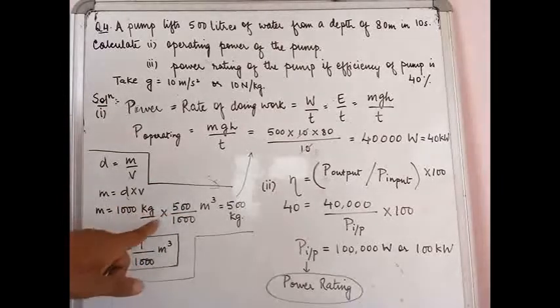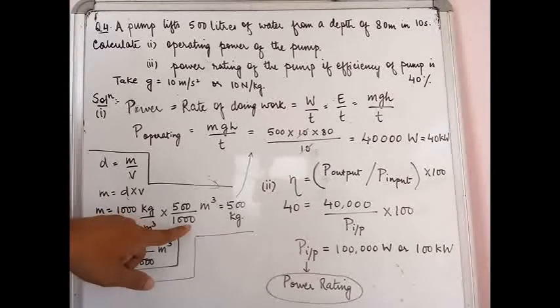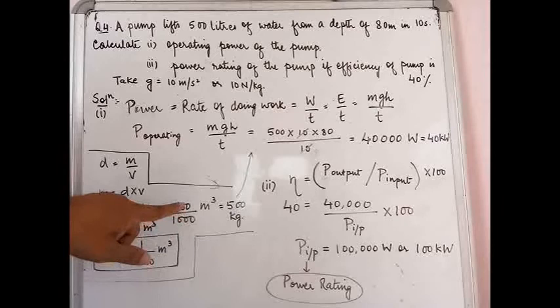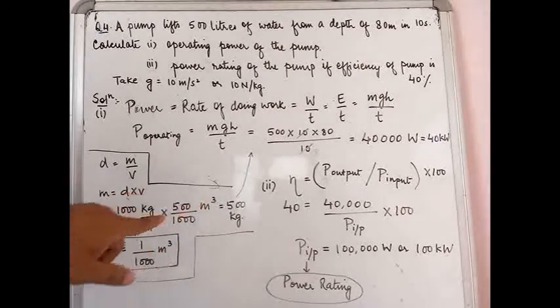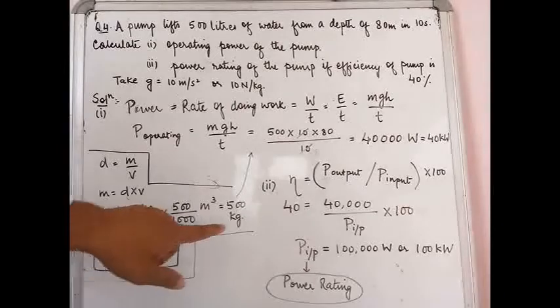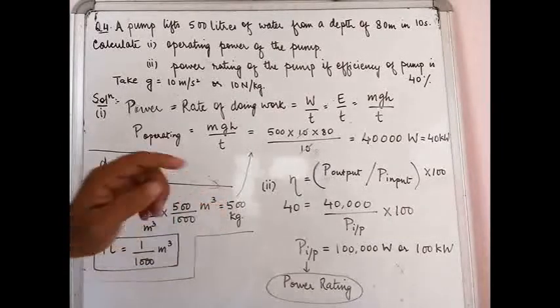So once you multiply according to the formula, 1000 and 1000 will get cancelled. The only thing that you will get is 500, and meter cube also gets cancelled. So the effective unit is obviously kg, because this is mass that you were calculating. So the mass of the water lifted is 500 kg.